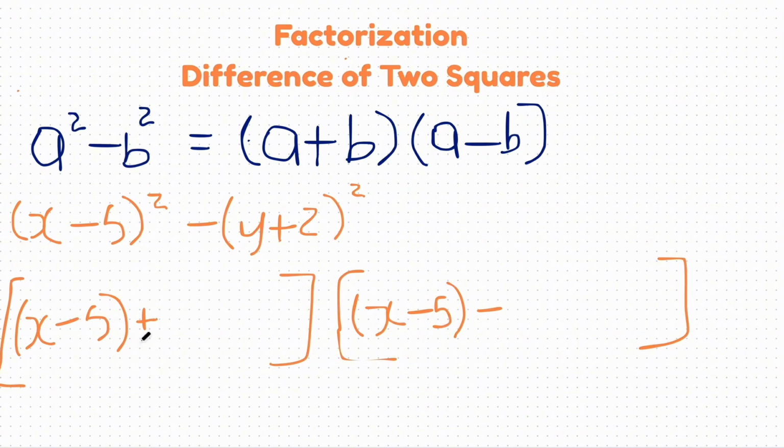Then we go ahead and find the square root of y plus 2 squared. That's y plus 2. And we also have to put it right over here, y plus 2. And we see we got it. That's correct.